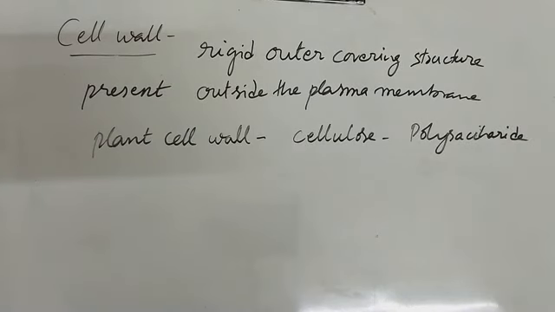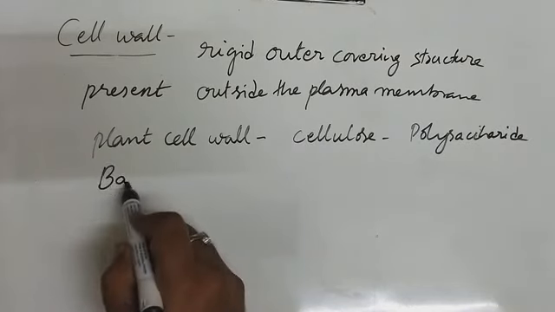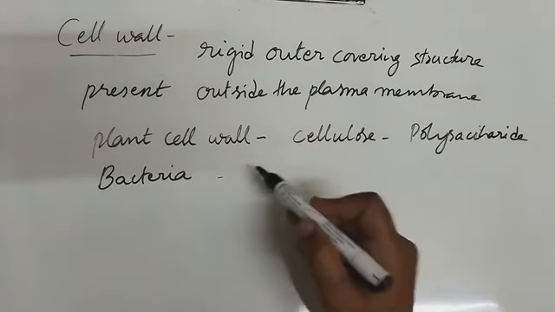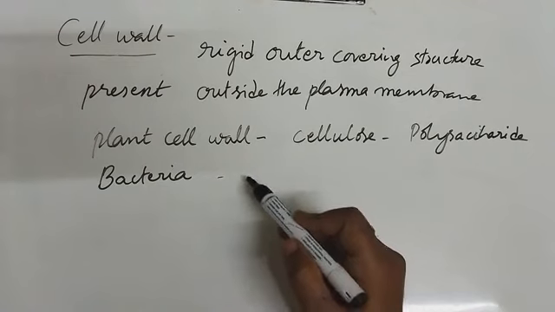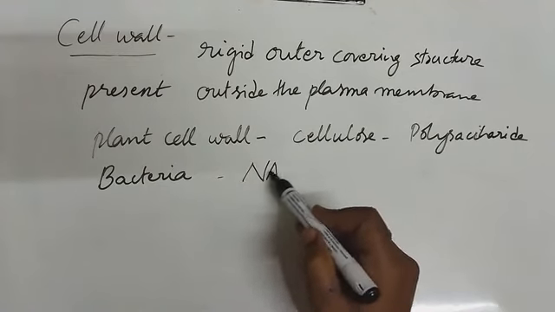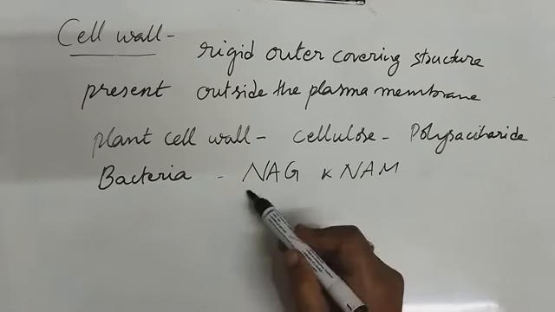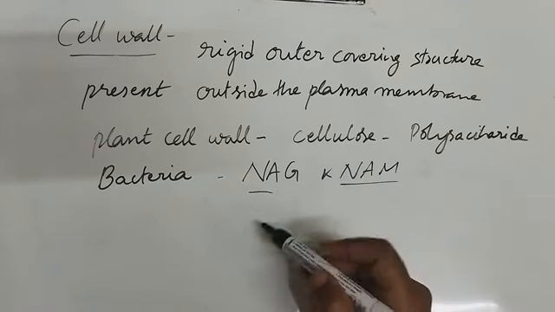Okay, what about bacteria? Bacteria contain a cell wall which is made up of NAG and NAM. It is a complex polysaccharide.